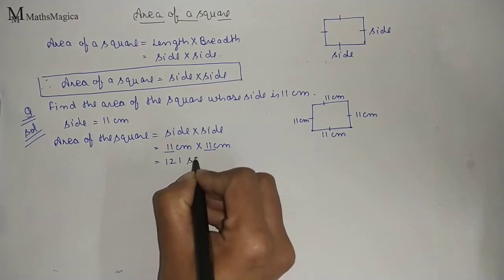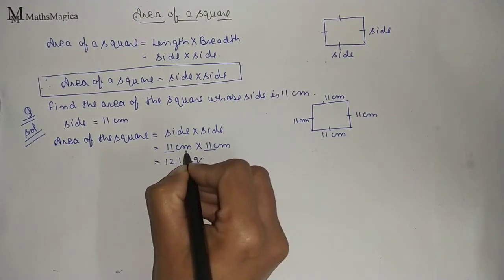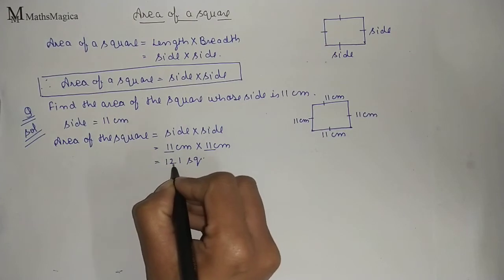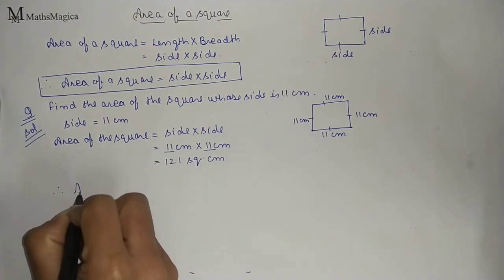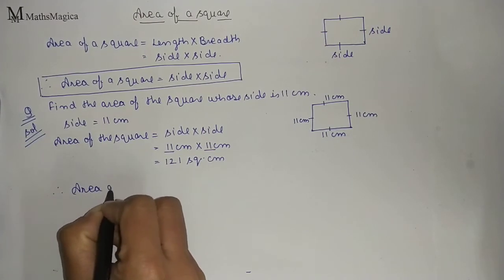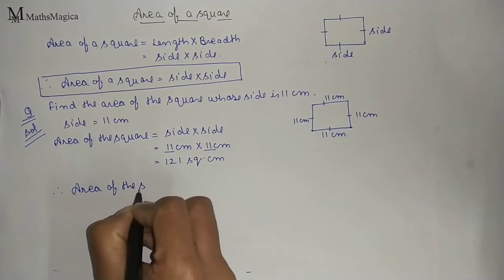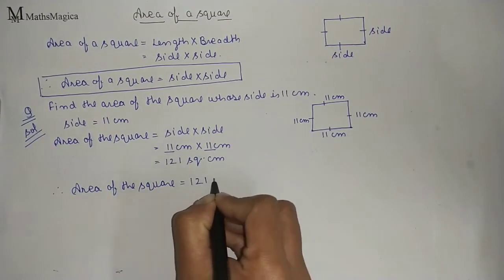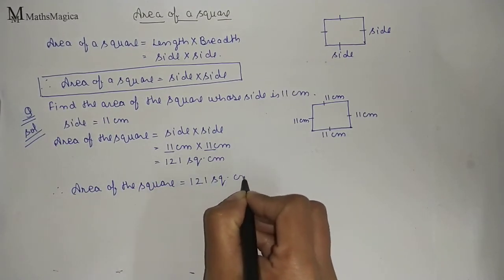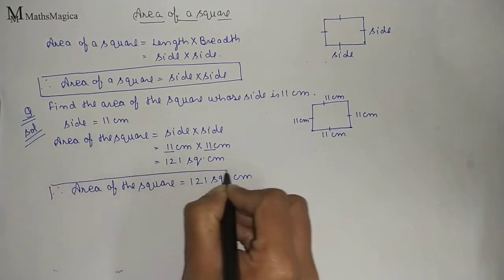Area is always in square unit. Square unit is centimeter. It means 121 square centimeter. Therefore, area of the square is equal to 121 square centimeter. This is your required answer.